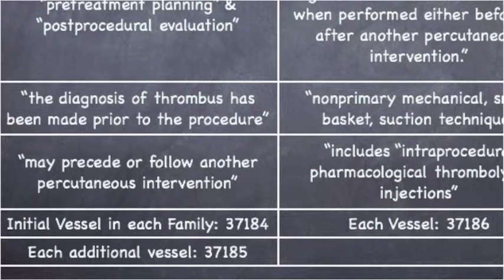With the secondary thrombectomy, there's only one code that's available, and that's 37186. So primary versus secondary, it truly could go either way. Realistically, I think most of the procedures that you're going to be billing are truly going to be secondary thrombectomy, so you should be deferring to that 37186 code more so than the 37184 or 37185.